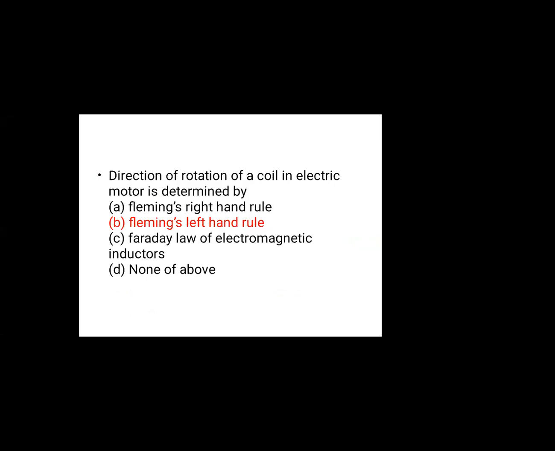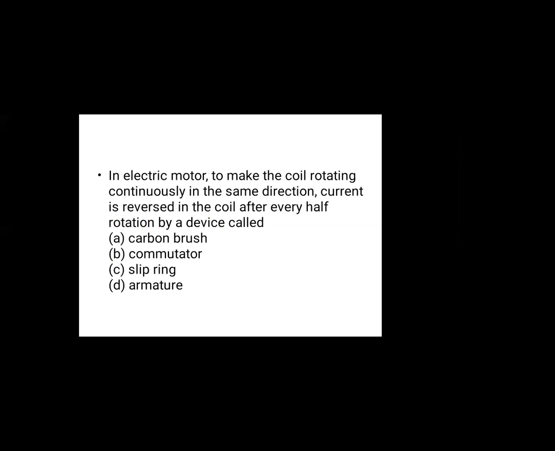Next, in an electric motor, to make the coil rotate continuously in the same direction, current is reversed in the coil after every half rotation, and that device is called what? Carbon brush? Did we use a carbon brush?